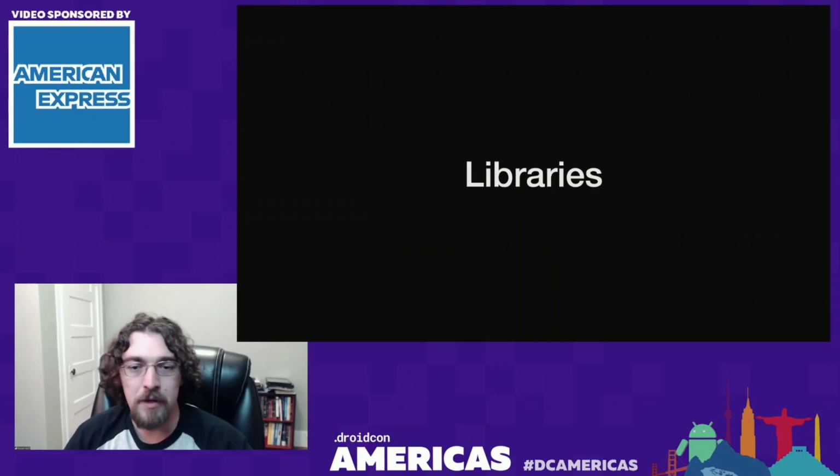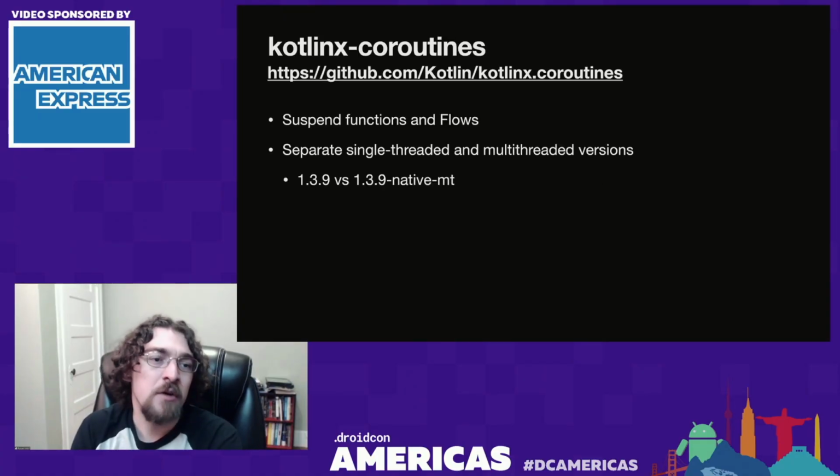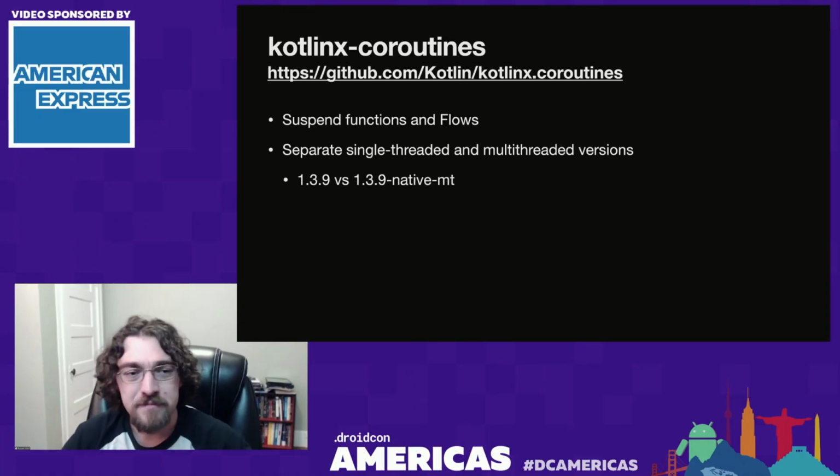Next we'll talk a bit about libraries, and I'm going to mostly focus here on the JetBrains libraries because they're pretty foundational, and there are some big things changing around the Kotlin 1.4 release. We'll start with kotlinx.coroutines, which is the library support for the coroutine APIs that we're probably mostly all familiar with as Android developers.